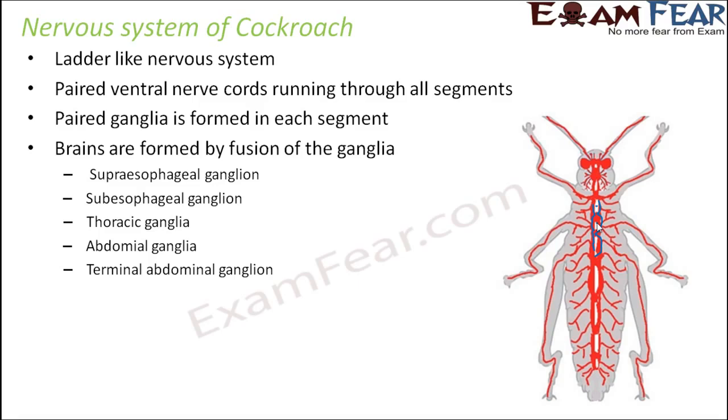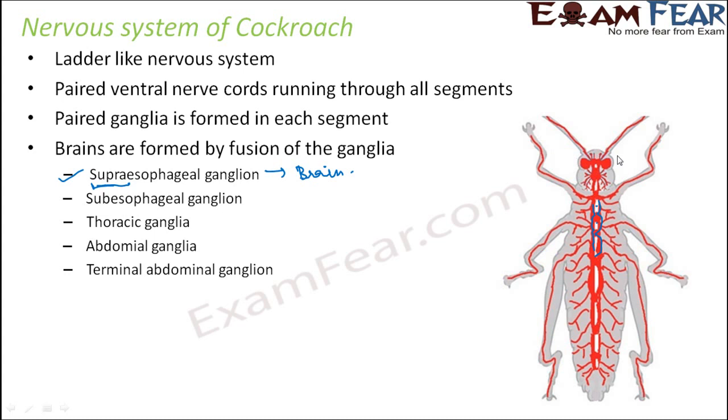Now what are the different sections of the ganglia? The first one is supraesophageal ganglia. Supra means above. So this is nothing but the brain. This is what is considered as the brain.